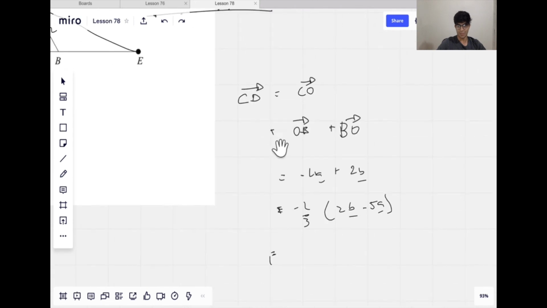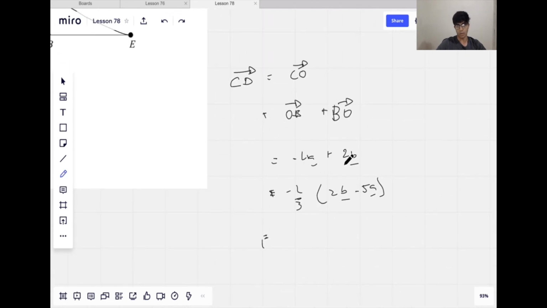So if we simplify this, we get minus 4A plus 2B minus 2/3 of that. Simplifying, minus 4A plus 10/3 A plus 2B minus 4/3 B. Which simplifies to minus 4 plus 10/3, and you could use a calculator or do this in your head.